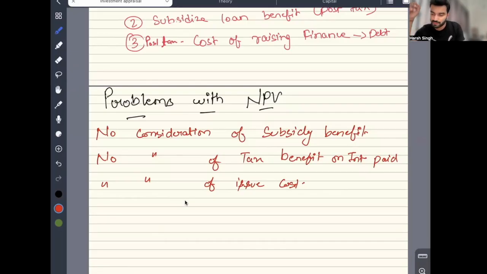This cost is called issue cost, everyone. Now all of these problems that we are facing right now are solved using adjusted present value.